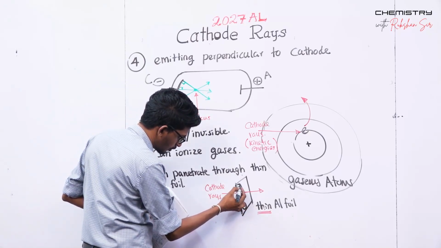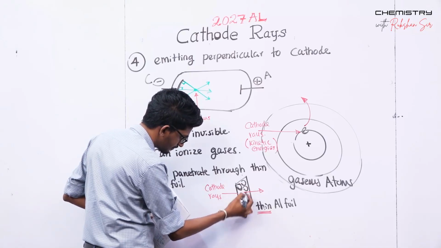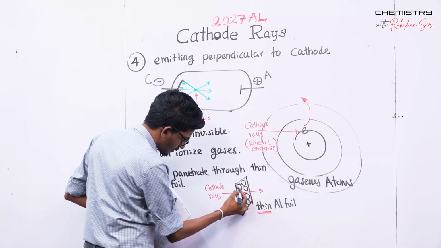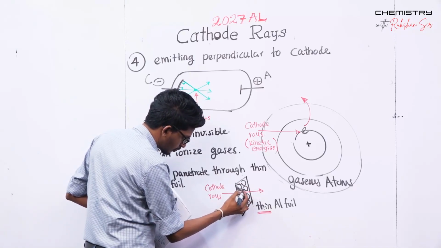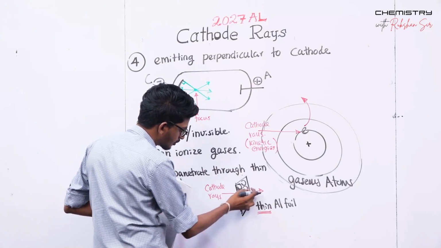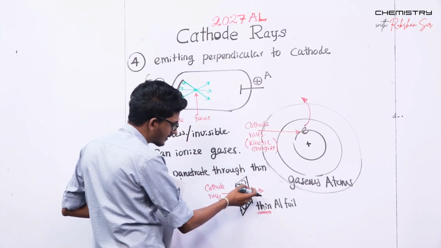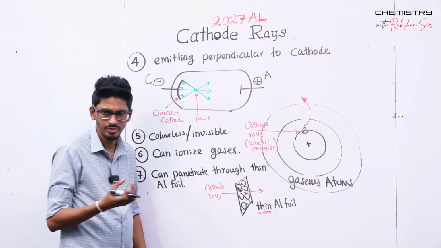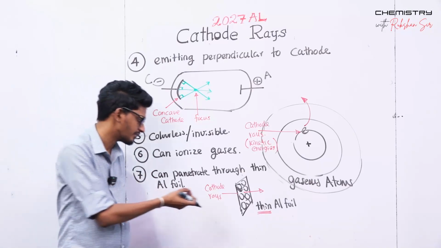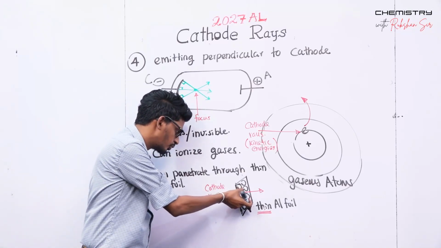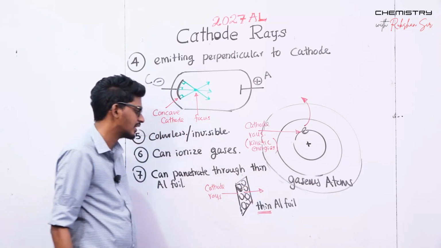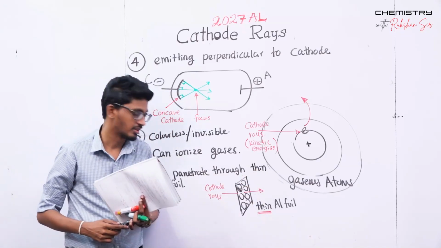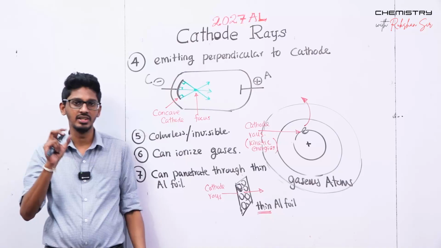In the aluminium foil, you have aluminium atoms like this, no? To go through the spaces of that, you should be a very small particle. Cathode rays are electrons, so they are very small particles, and they can go through the very small spaces available in solids, where particles are very closely attached.